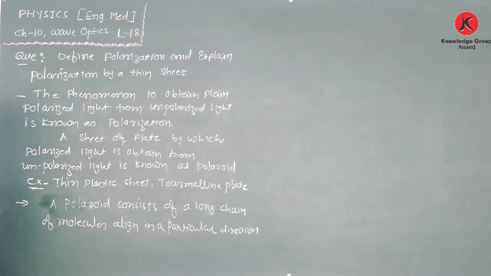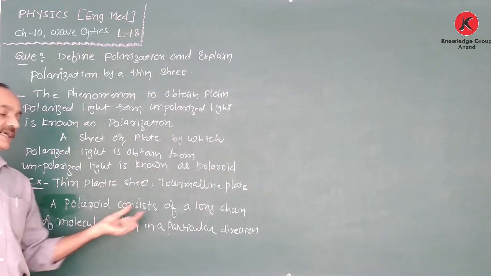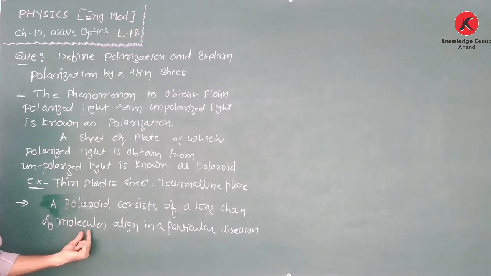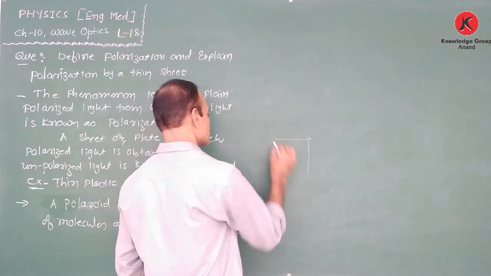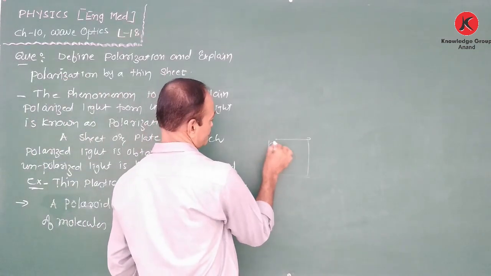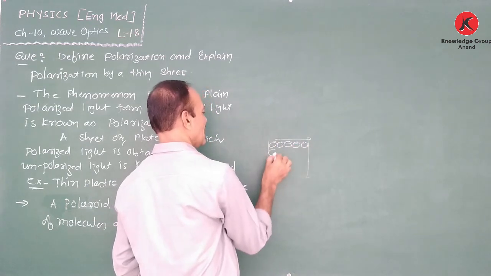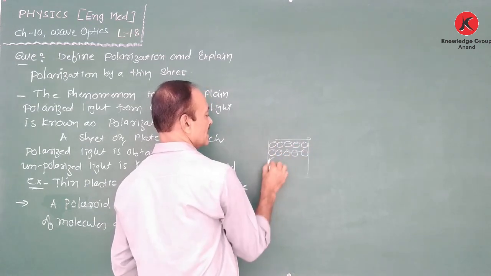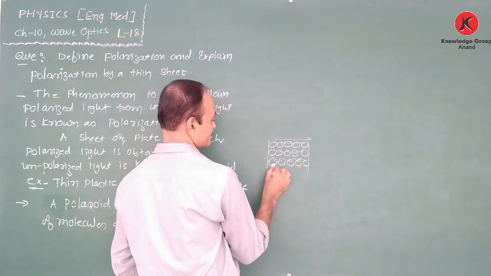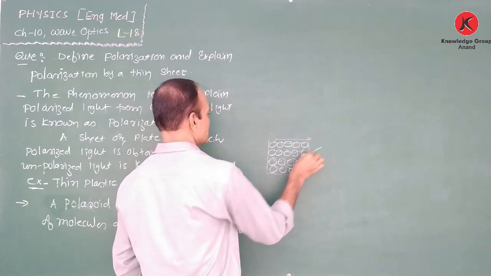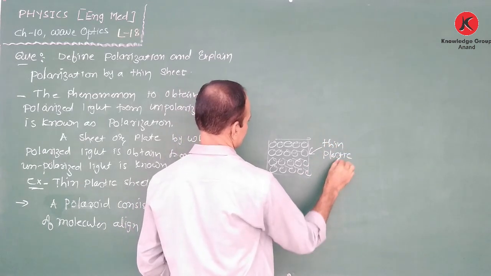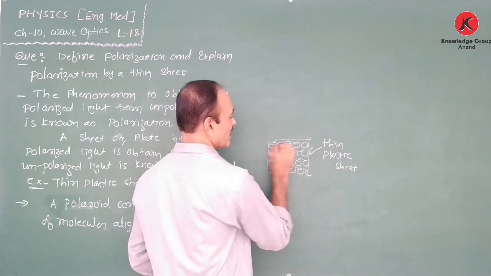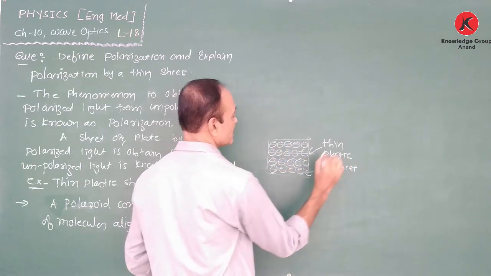Like this, there is a thin plastic sheet. Here the molecules of the plastic are arranged in long chains in a particular direction. Here the arrangement of the molecules is in this horizontal direction.